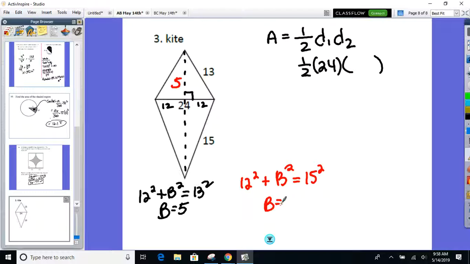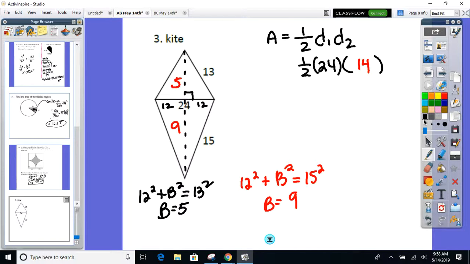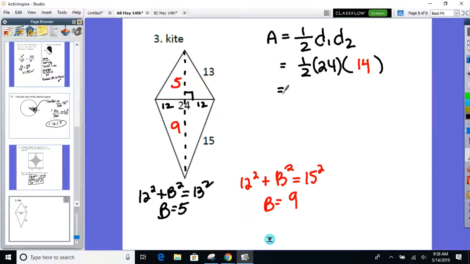And that length comes out to be 9. So the other diagonal, and I know it's backwards, we're just going to go with it here. The other diagonal, 14. So we end up with 168, no units, so I'm not going to put any on.